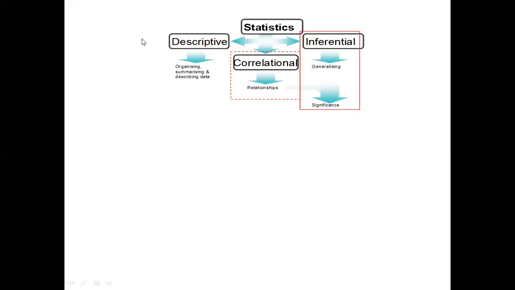But when we have formulated hypotheses to test for significance, whether the null or the alternative hypothesis has to be rejected, then inferential statistics is the way to go, all right? So descriptive statistics helps us describe, summarize, and organize our data set, while inferential statistics helps us make generalizations about the study population and test our hypotheses.